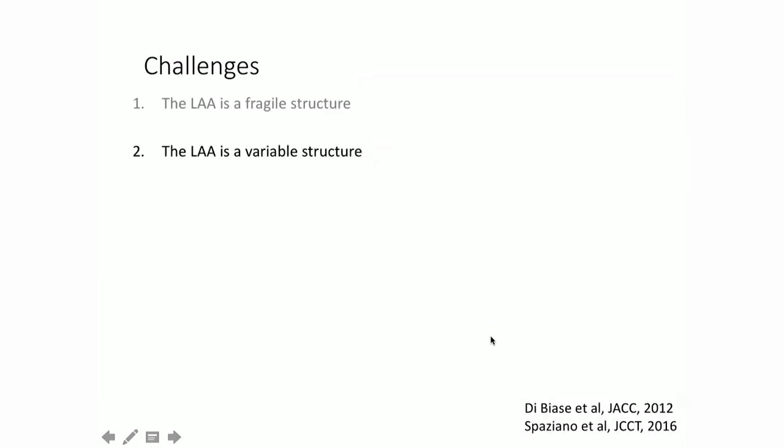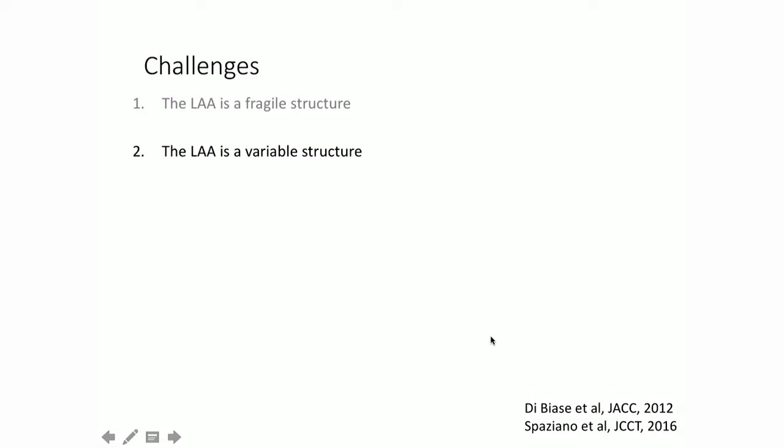The LAA is also a very variable structure. So for those of you performing structural work and performing TAVI, for example, you're essentially putting a tubular structure, which is the device, within another tubular structure, which is the aortic complex.